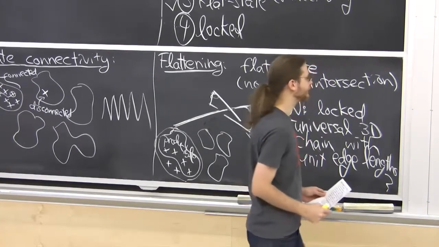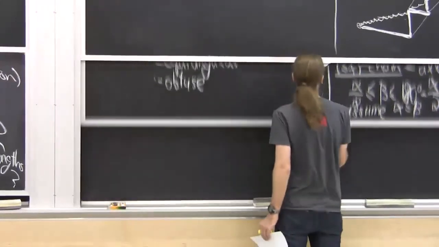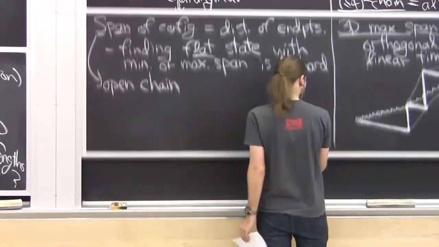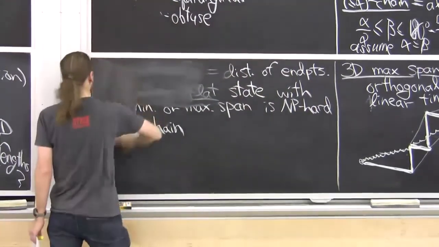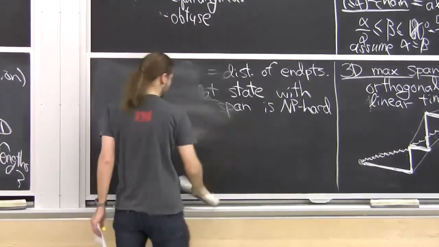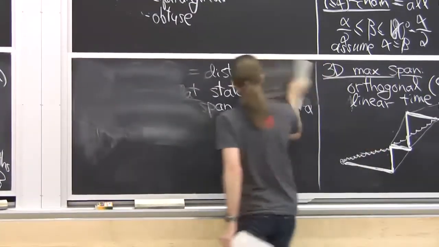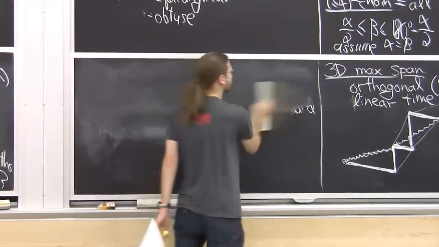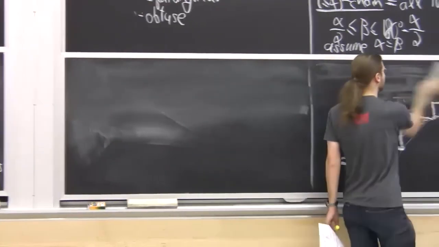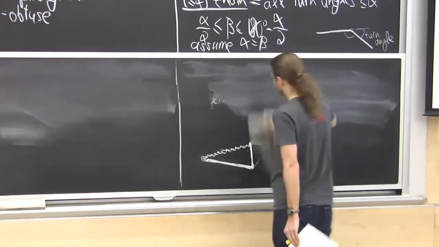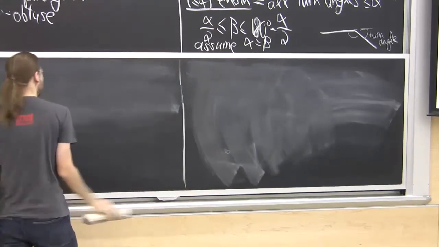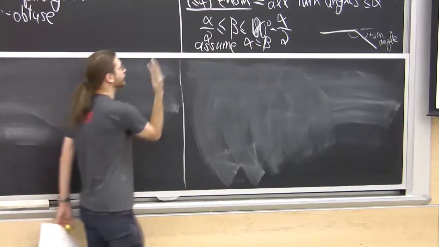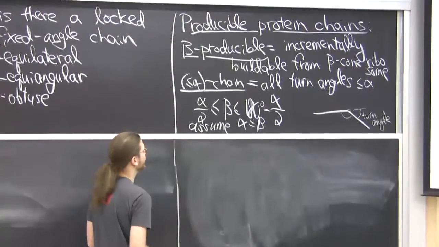How do we prove it? Well, as usual, we use the FedEx method. And in some sense, one of the challenges is what is the natural canonical state for protein chains? In fact, we're just going to assume that our chain is an orthogonal chain, an obtuse chain, I should say.